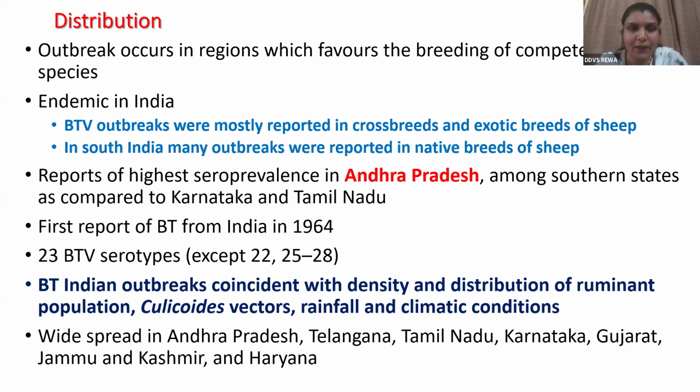In India, it is a general statement that this disease affects crossbreds or exotic breeds, but certain outbreaks have been reported from native breeds of sheep also. The highest prevalence has been reported from Andhra Pradesh, and a number of serotypes are also there, which makes it difficult to control.